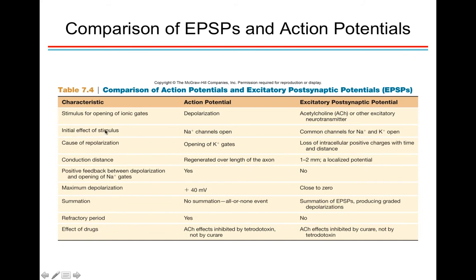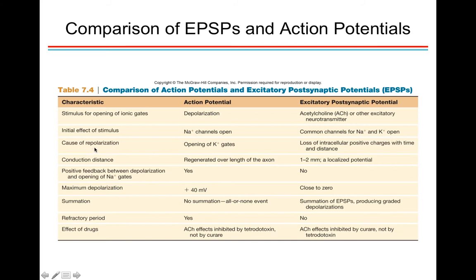What is the initial effect of the stimulus? Well, for an action potential, the first thing we know that happens is when the depolarization is hitting the threshold, the sodium channel is open. What will happen with the EPSP is that a common channel for both sodium and potassium will open.